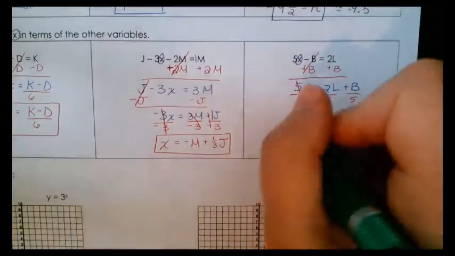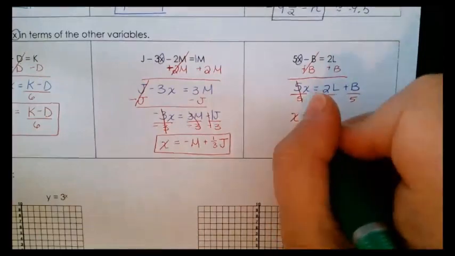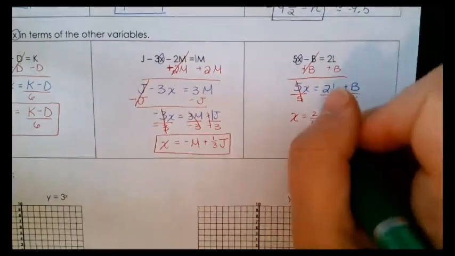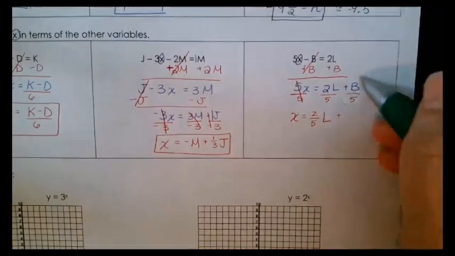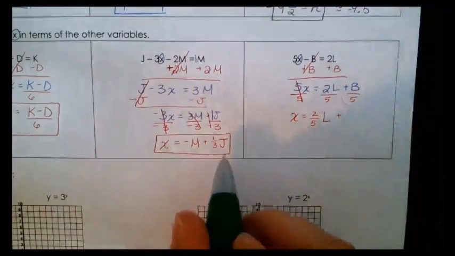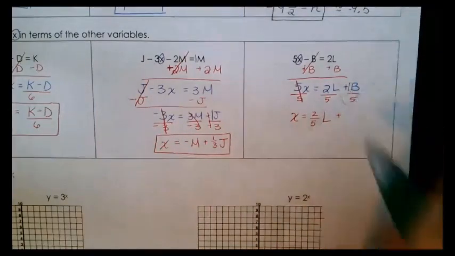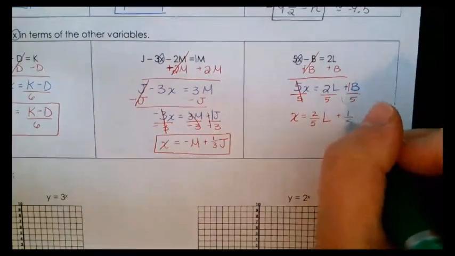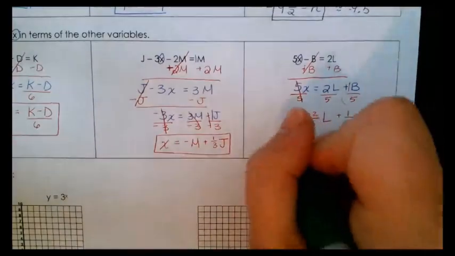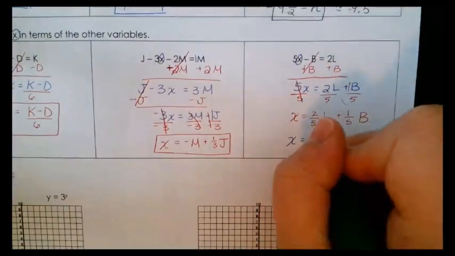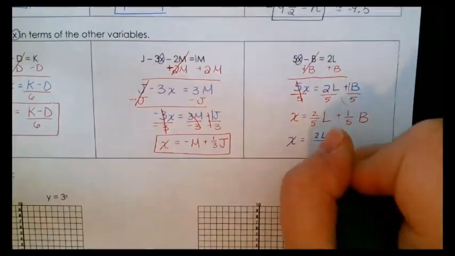5s will cancel. So you're going to have x equals 2 divided by 5 is 2/5 L, plus, you can either write it just like this, B over 5, or you can write it the way we did before, 1 over 5, 1/5 B. An equivalent answer here would be x equals 2L plus B all over 5.